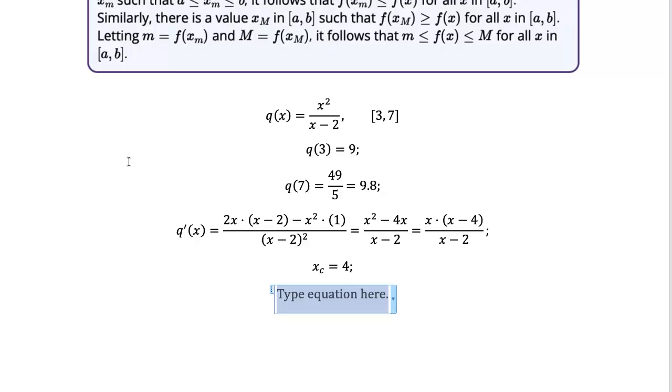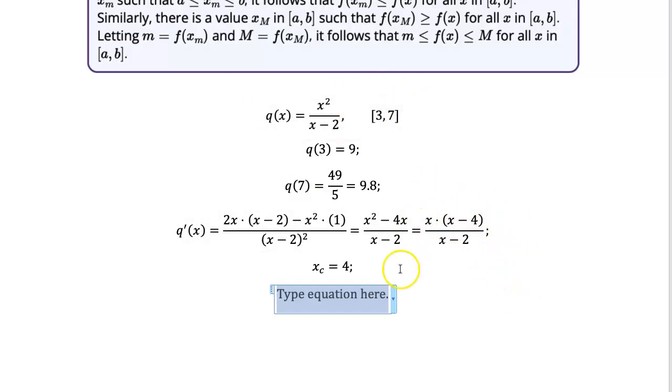The first derivative just below 4 is negative because this term is negative, that's positive, that's positive. First derivative just above 4 is positive because this becomes positive and those are still positive.